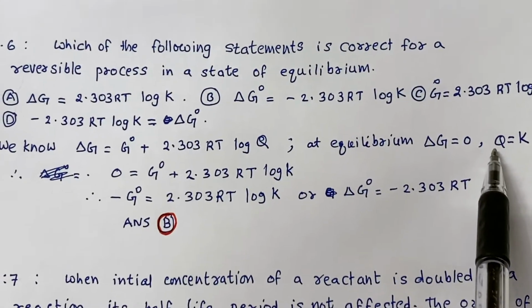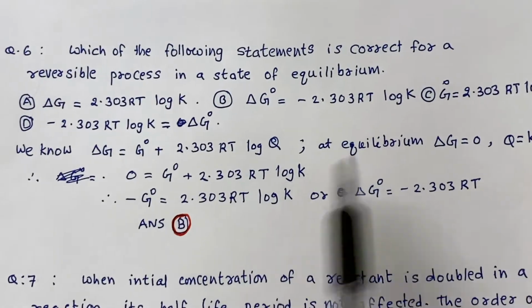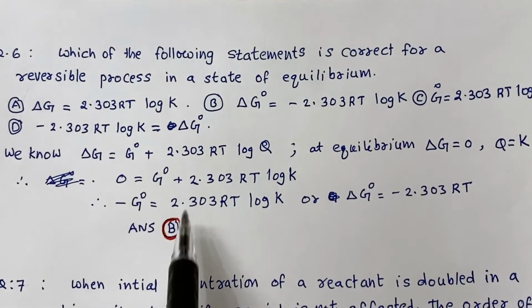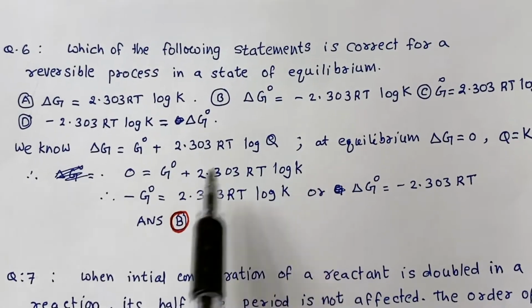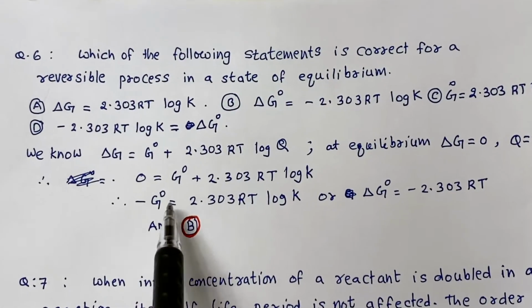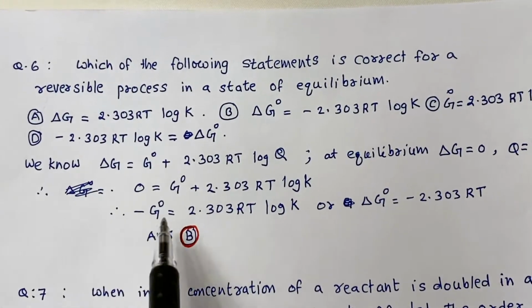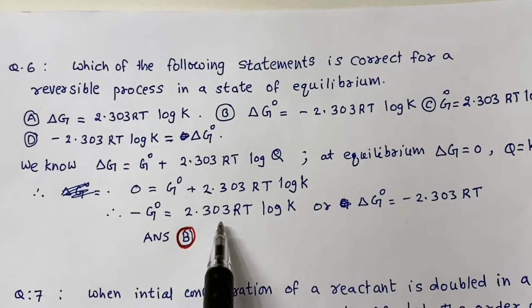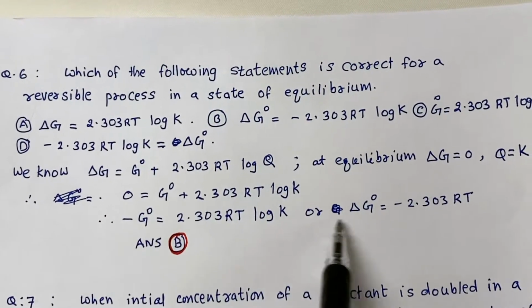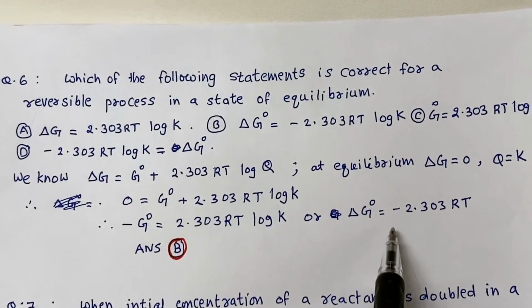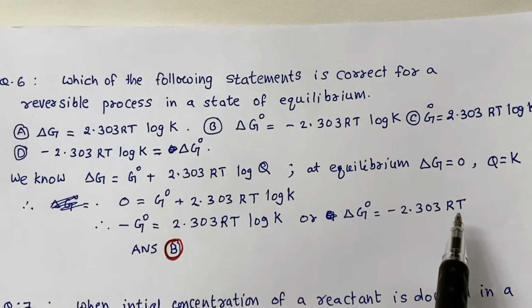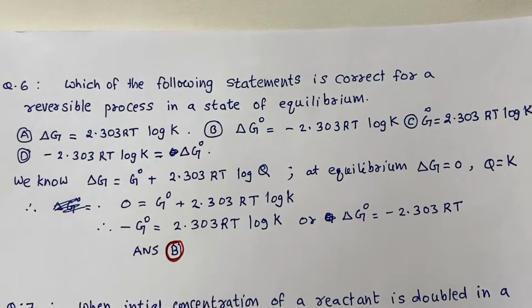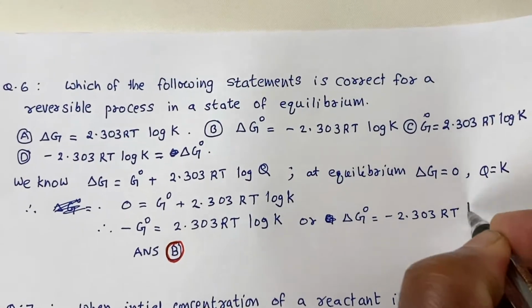So therefore Q is equal to K. So 0 is equal to delta G naught plus 2.303 RT log K will be coming. So minus delta G naught will be coming this side. So minus delta G naught is equal to 2.303 RT log K, or delta G naught is equal to minus 2.303 RT log K.